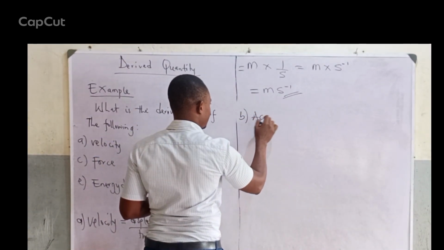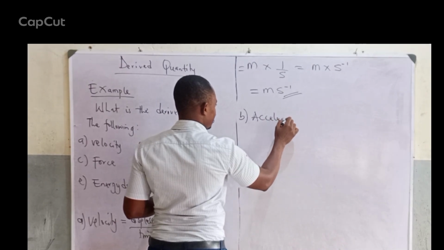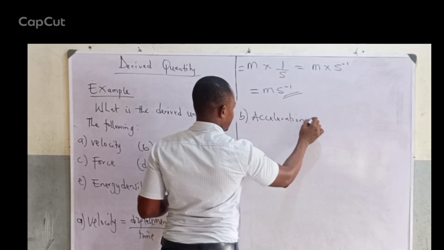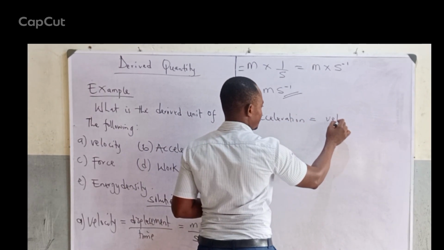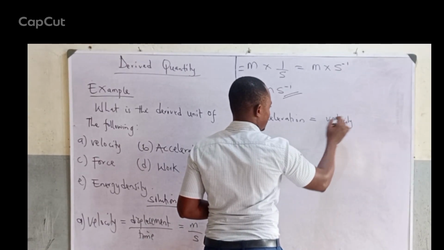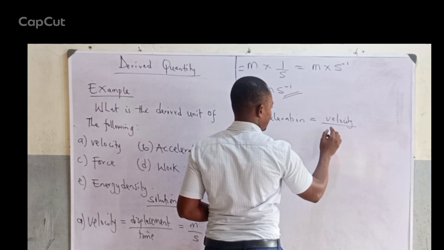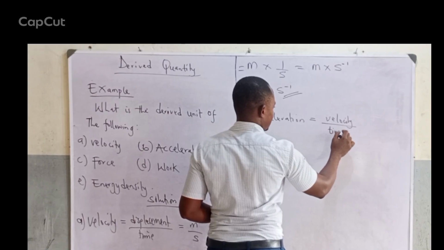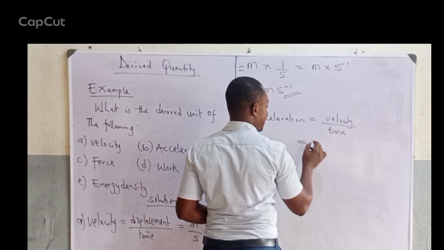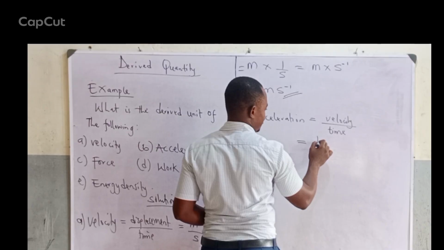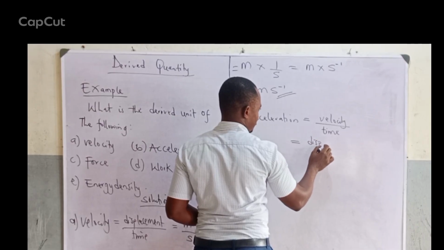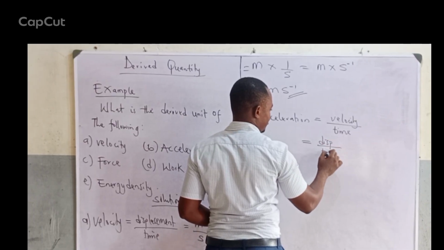Now we take B, acceleration. Acceleration is velocity over time. And velocity is displacement over time, all over time.